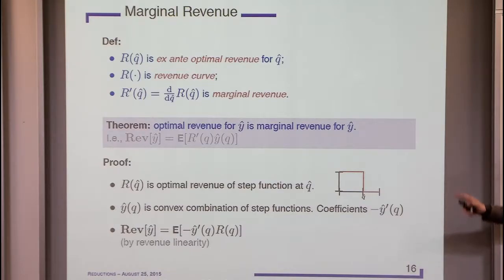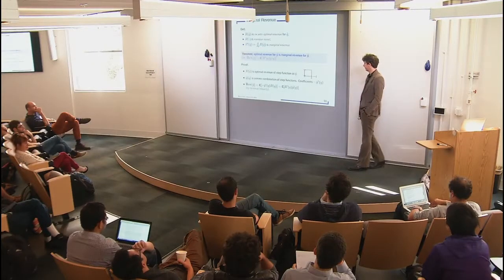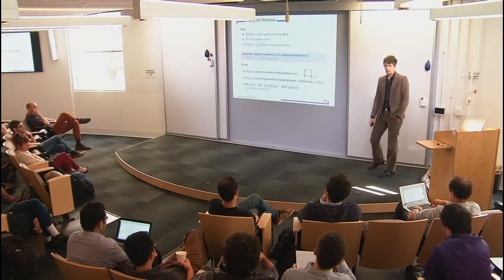And that expectation you can view as an integral, and you can integrate it by parts to switch where the derivative is to get the marginal revenue definition. This is exactly the analysis you would have done if you were doing the single-dimensional case.